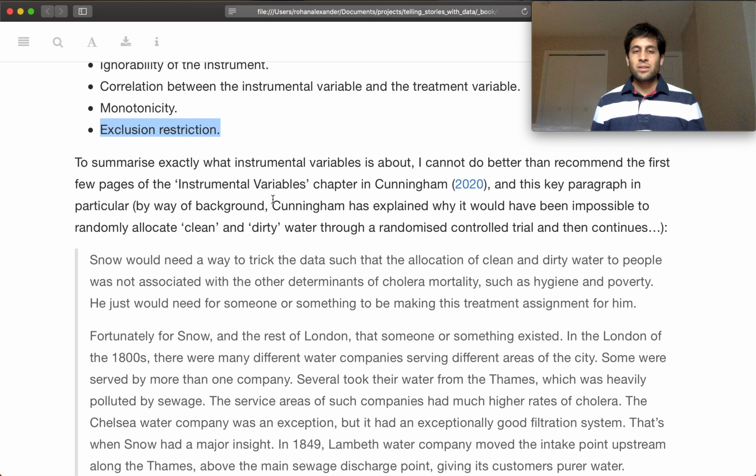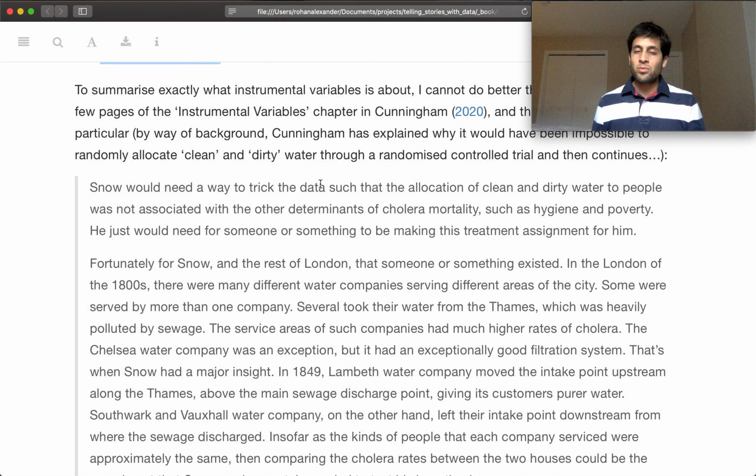And so he explains, well, it's obviously not possible to randomly allocate clean and dirty water. That's completely unethical, and in any case, it's just not possible. And so instead, what we need to do is find some variable that is going to trick the data, so that we can work as if it had been randomly allocated.